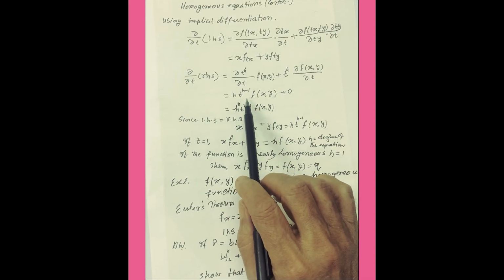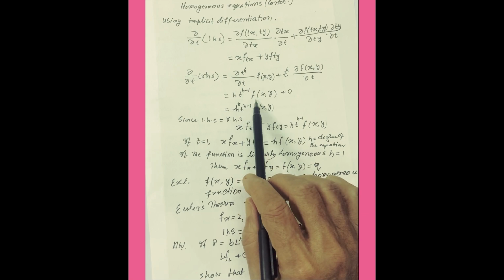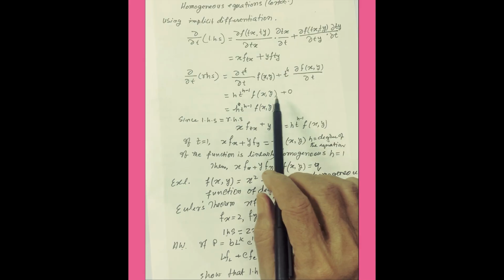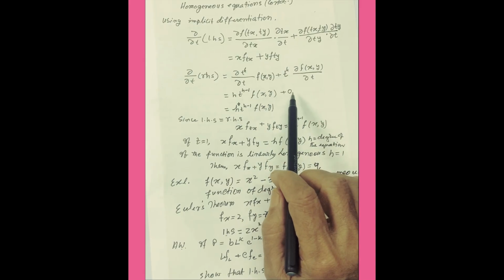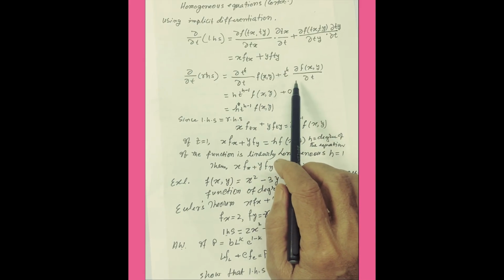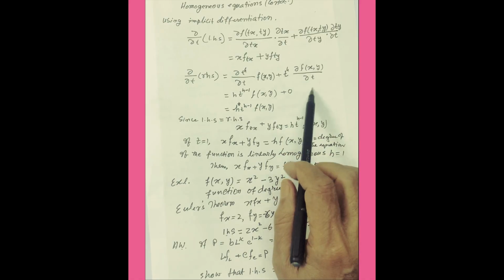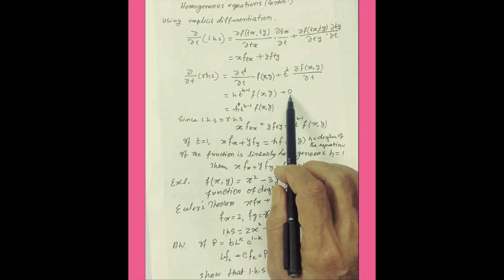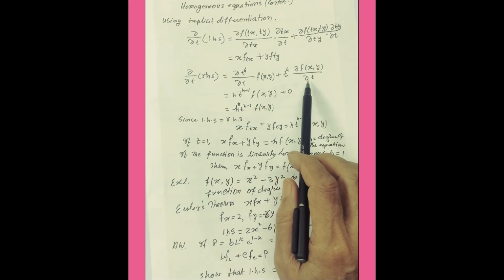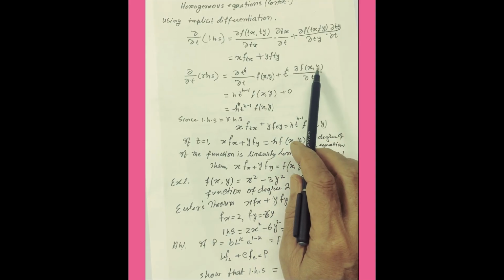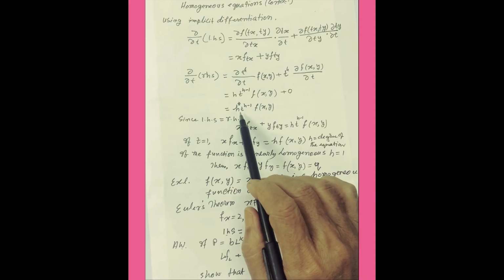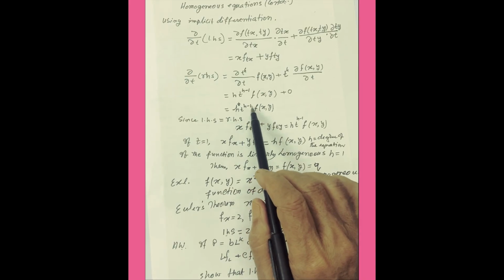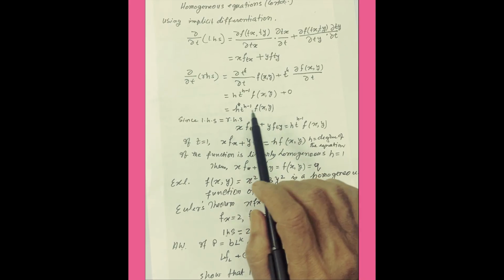So this gives h t to the power h minus 1 into f(x, y) plus 0, because there is no t in the function f(x, y).